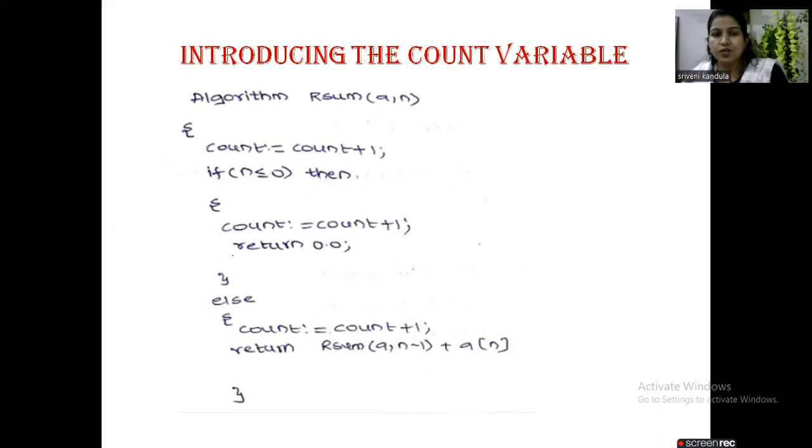One more thing I would like to highlight is why I have written this count statement before the if. The reason is, whenever this if condition becomes true, we will enter into the body of the if. Though if the condition is false, the if is also getting evaluated and it becomes false, so it comes to the else part.